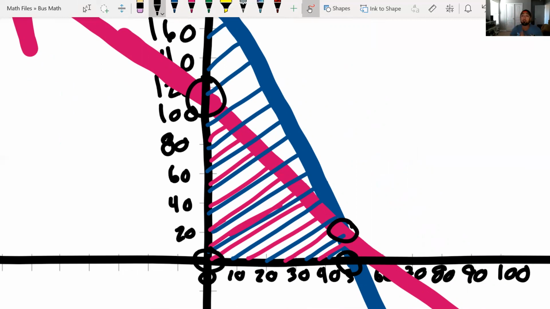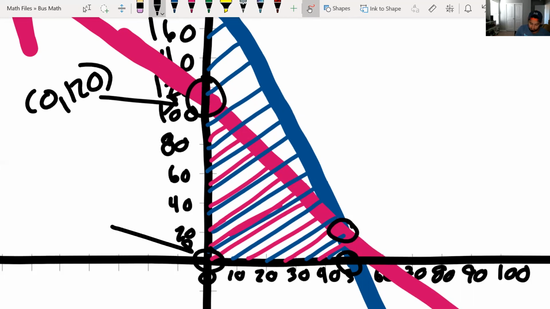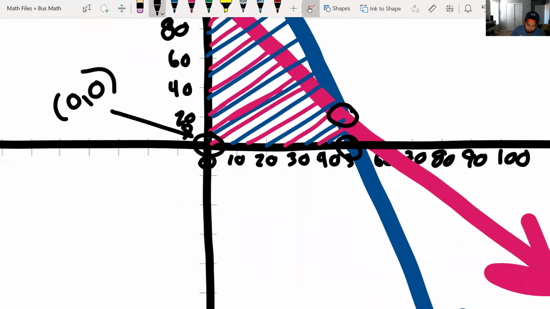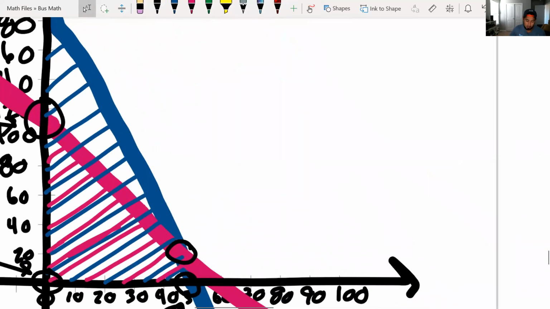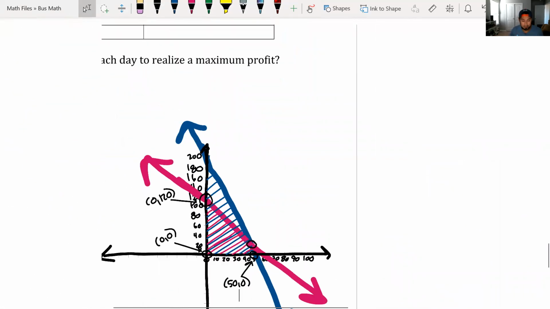The other one we'll have to prove by a system of equations. This one was (0, 120). This one is (0, 0). And then this one is (50, 0). And then this one we'll prove by a system.